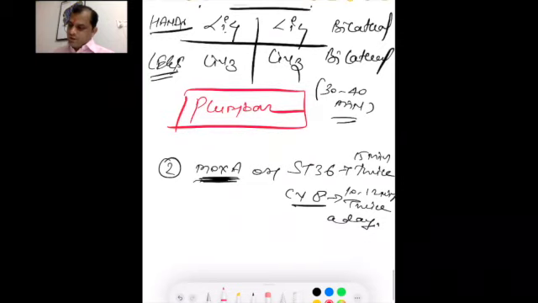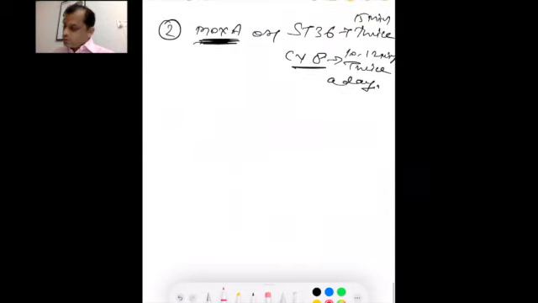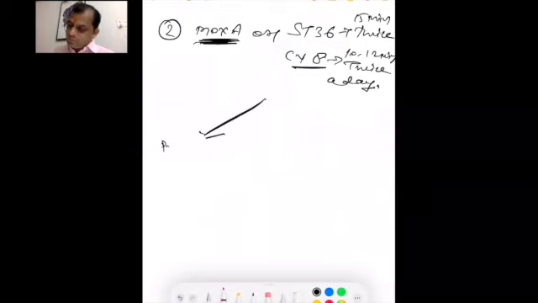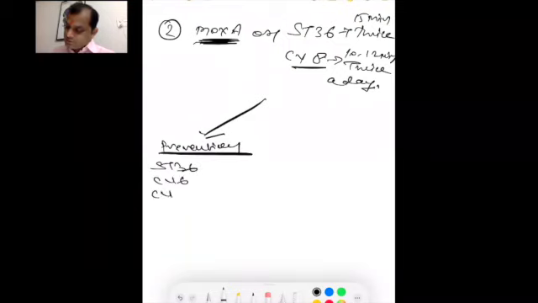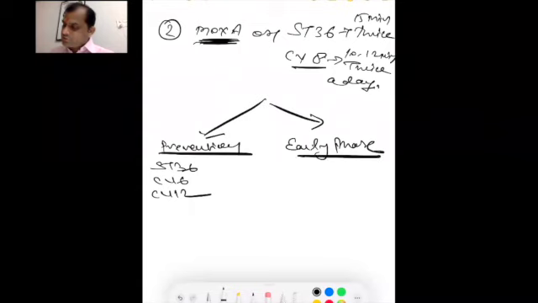So in this way, I told you 2 types of treatment. The treatment number 1 for the prevention purpose, stomach 36, CV6 and CV12, and the treatment number 2 in the early phase, when little symptoms start.